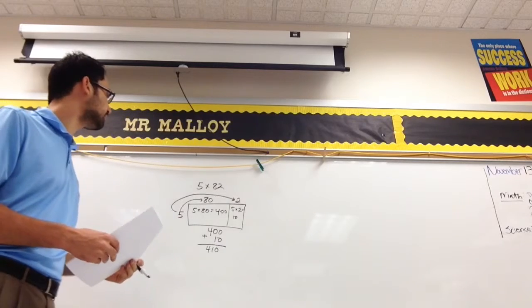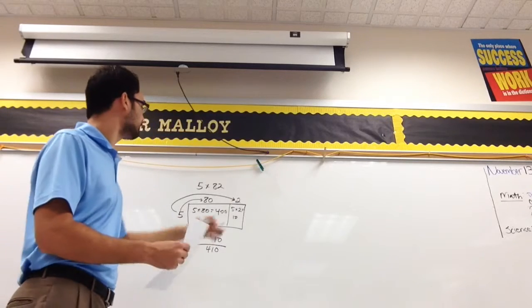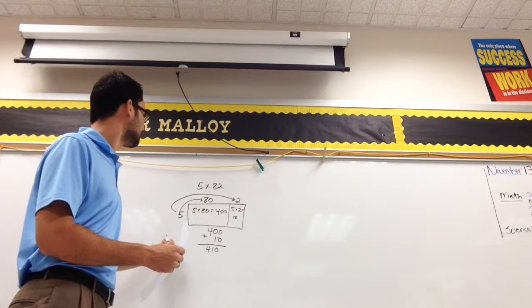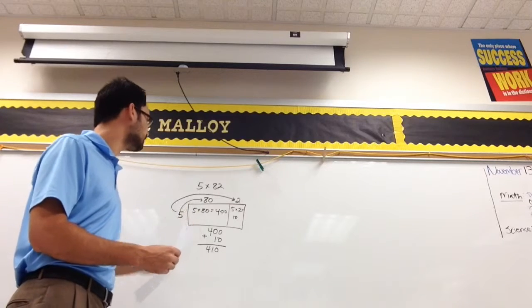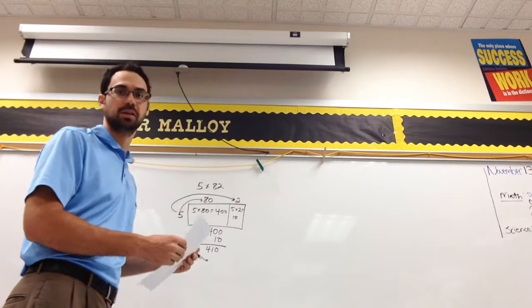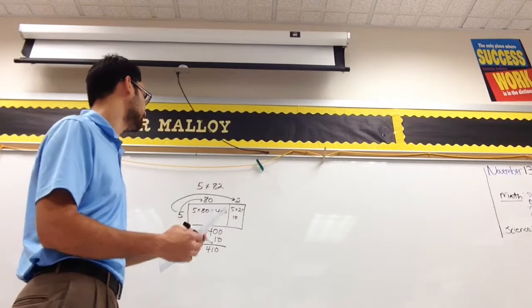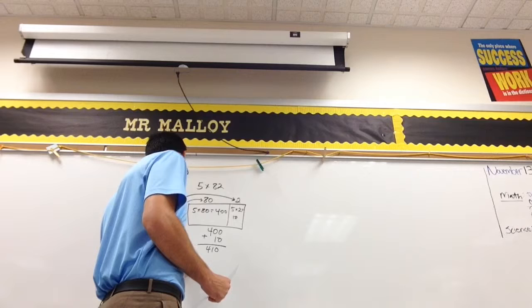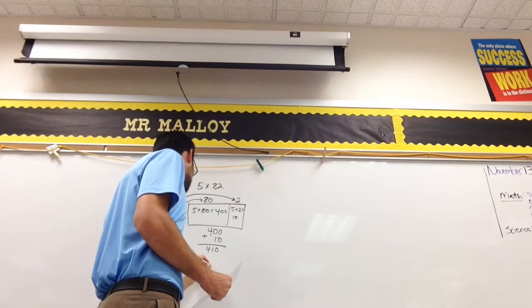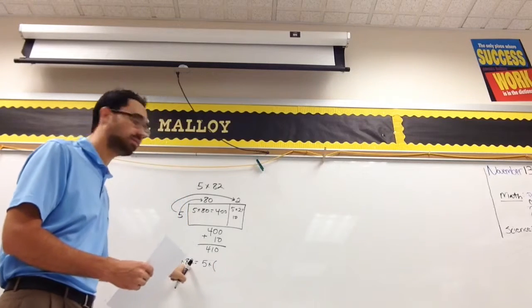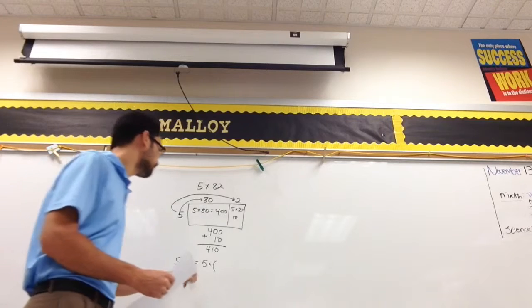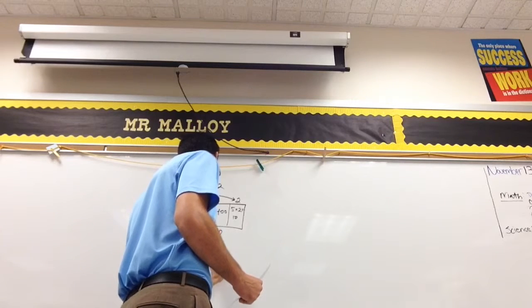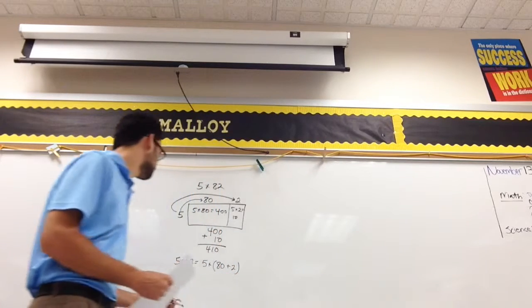Okay? To save time, so we don't have to draw the area model, we can use the distributive property, and we can use some mathematical symbols to help us out there. So we can say that 5 times 82 is equal to 5 times, and then I'm going to write this in expanded form, 80 plus 2.